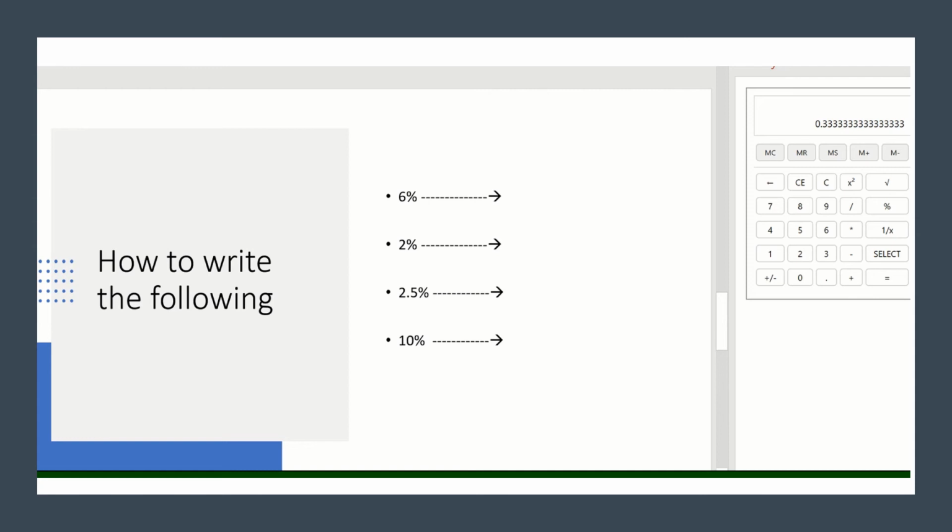There are other formats for writing numbers, like here we have 6%. We can write this percentage number in another format, which is equal to 6 over 100. Without using the calculator, we don't need the calculator here.